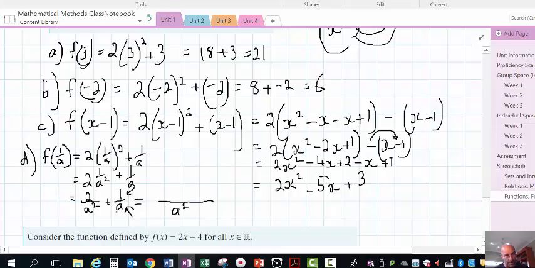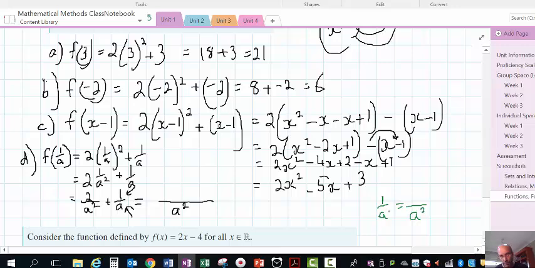We have to make the right hand fraction an equivalent fraction. Let me write it down here in a different colour. So we're turning 1 on a into an equivalent fraction over a squared.